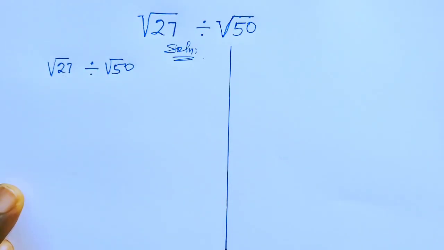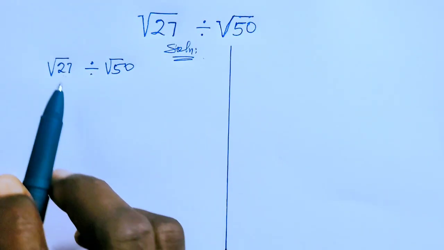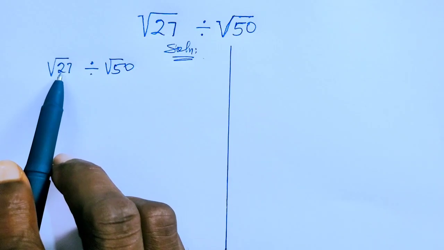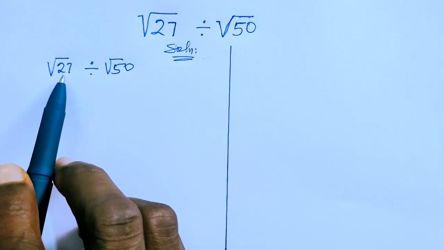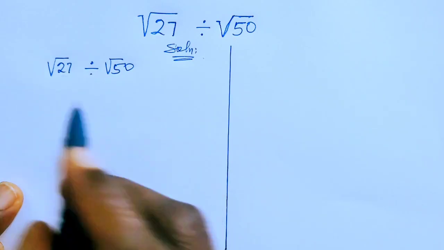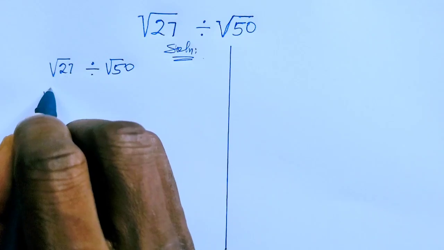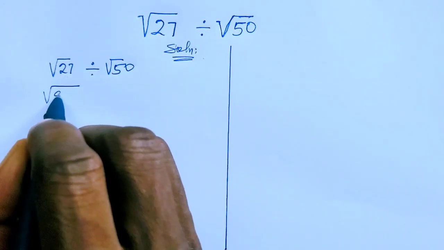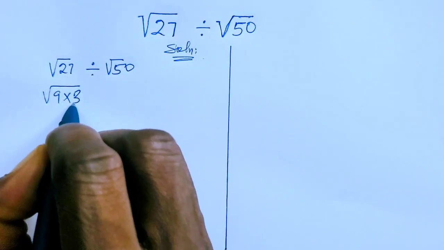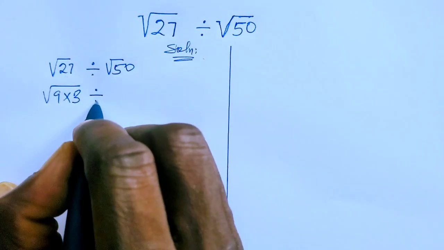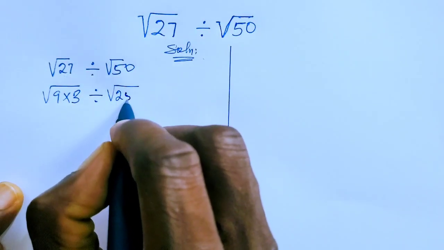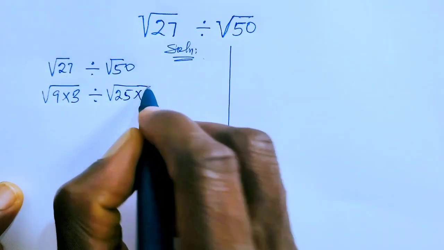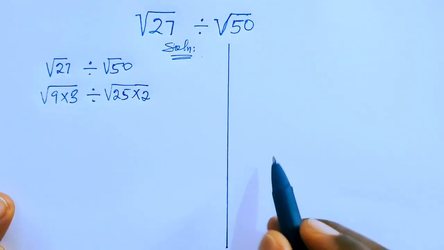by its composite. That is, we are going to break this number down as a product of two numbers, of which one needs to be a perfect square. Then as such, we are going to have here 9 times 3, that is 27, divided by 25 times 2, that will give us 50 as well.